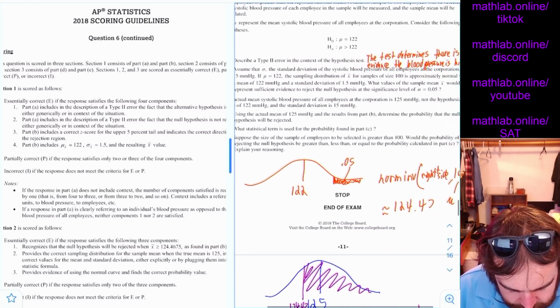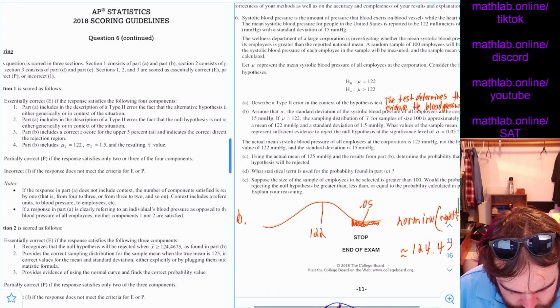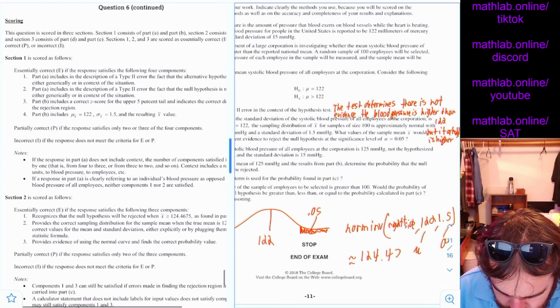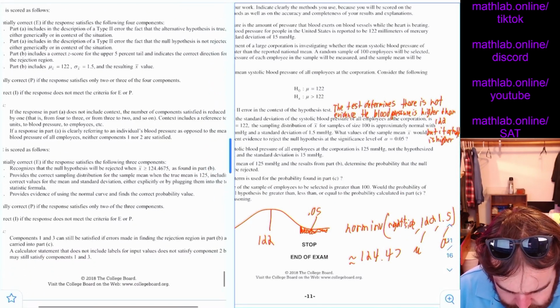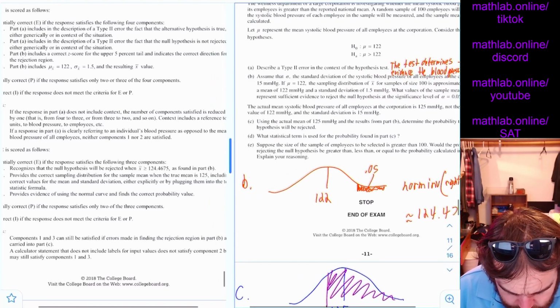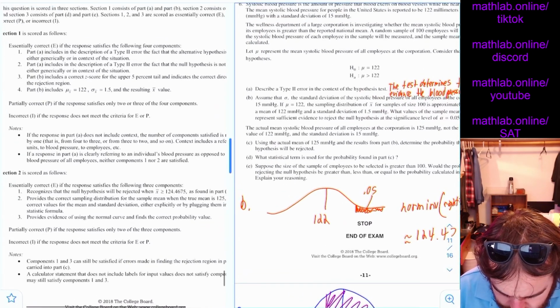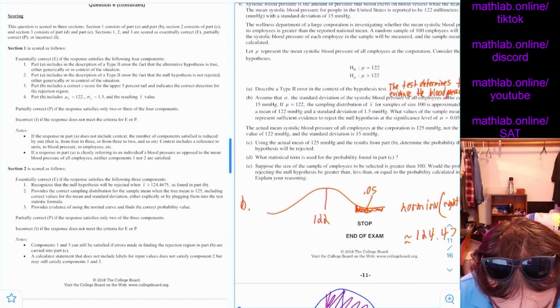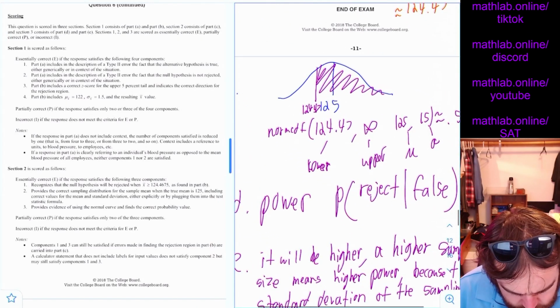I didn't need to calculate the z-score. Recognize the null hypothesis will be when it's greater. Wait, what? Section 2. What is section 2? Part C. Oh. Just part C.